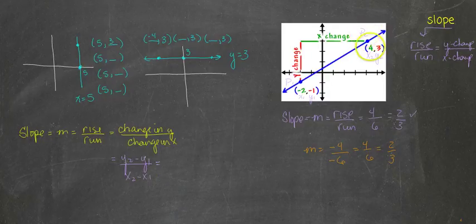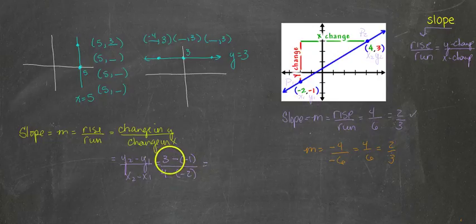So y2 goes with point 2 and it's 3, minus y1 goes with point 1 and it's -1, over x2 goes with point 2 and it's 4, minus x1 goes with point 1, it's -2.